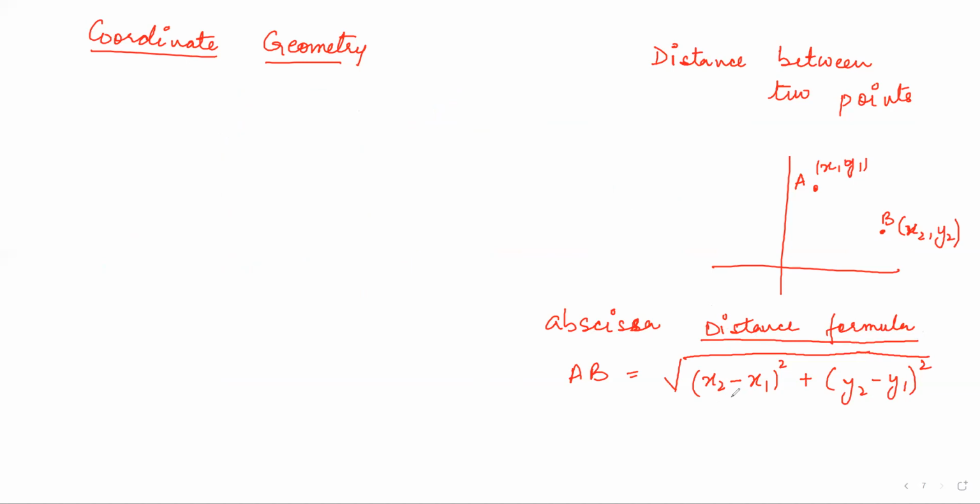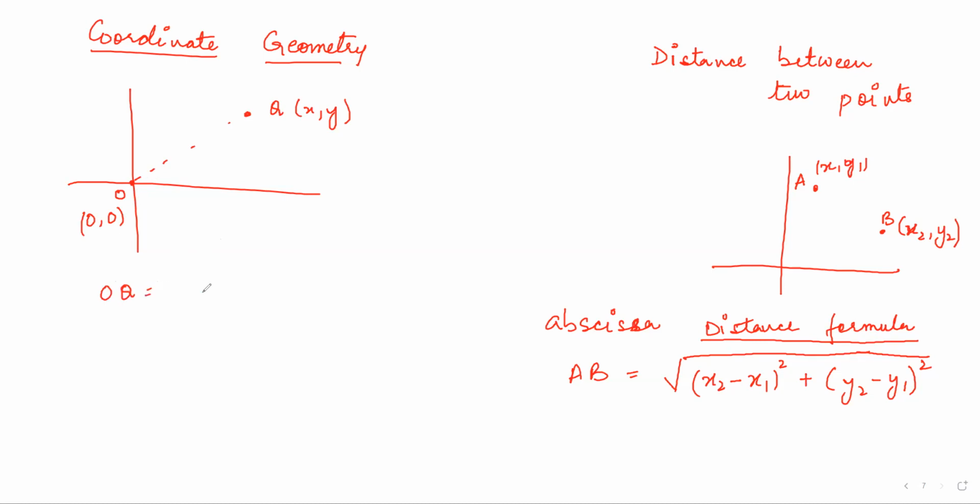Now if one point is at the origin, what will happen, Hamna? Let's say your origin is one point, and then you have some other point, let's say Q, whose coordinates are x and y. And obviously O has coordinates 0, 0. You want to find the distance from the origin to this point. So how will I write it?